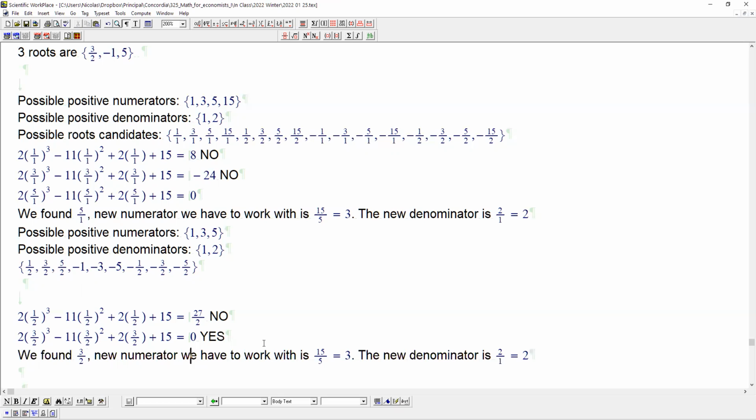The new numerator we have to work with was 3, so it's 1. Yeah, 3 divided by 3 is 1. The new denominator is 2 divided by 2 is 1. And we already excluded the 1, so here we can know that. So we use the last root, -1.